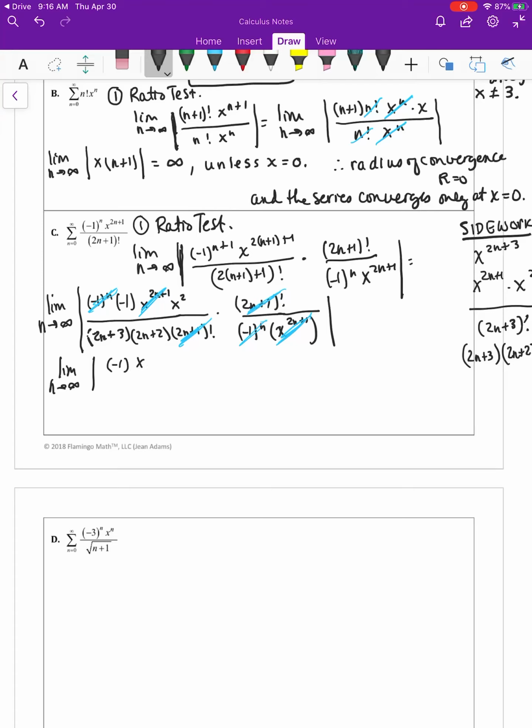That's going to leave me with limit as n goes to infinity, absolute value, I've got negative 1 x squared over 2n plus 3 times 2n plus 2. So remember how I said you can take anything that does not have an n in it to the outside. I'm just going to take that to the outside like that.